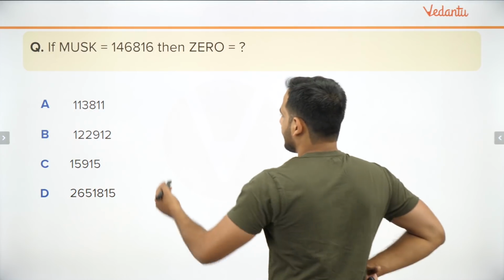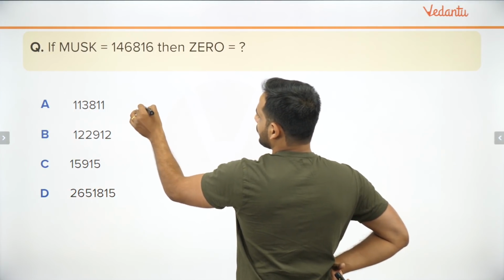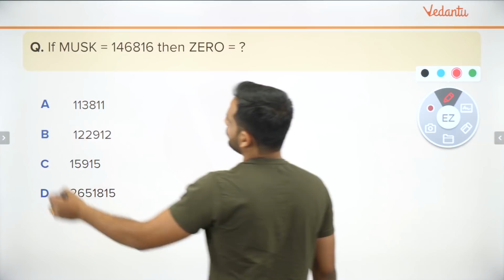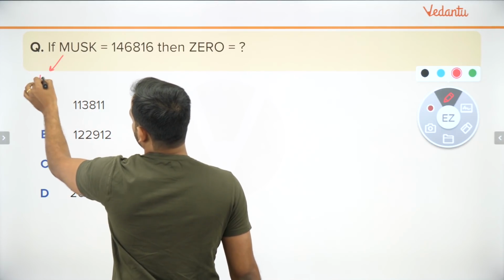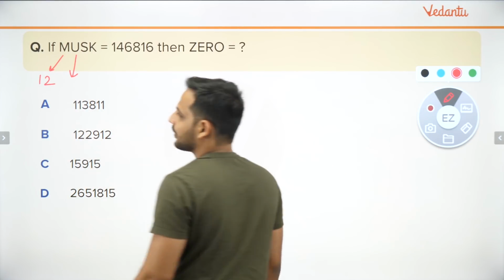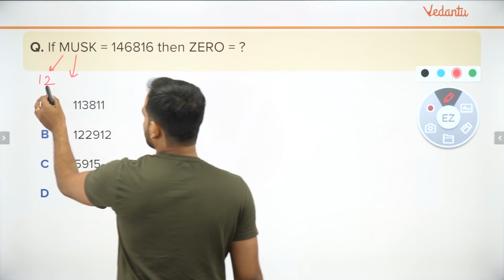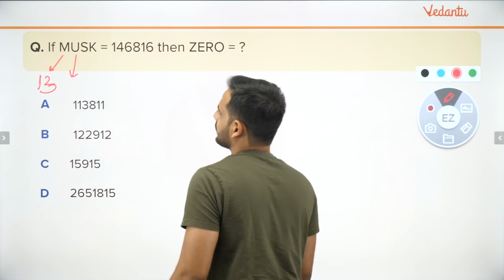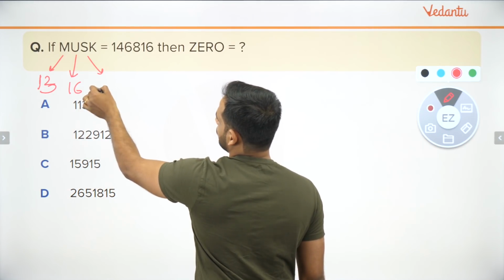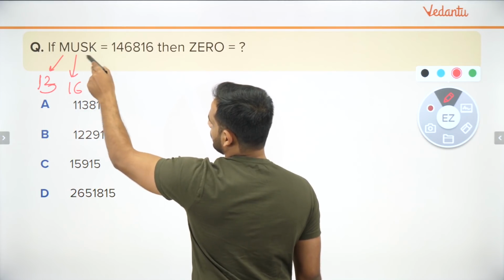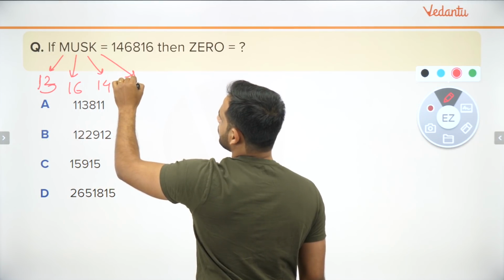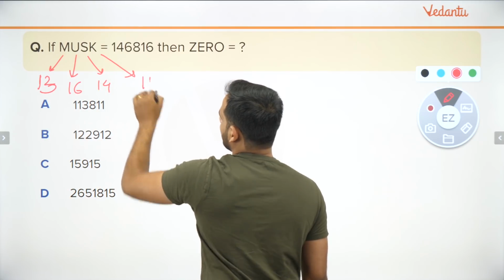So what we have here: M N O, 12, and no, M is 13, U is 16, S is 14, S T U, it is 11.